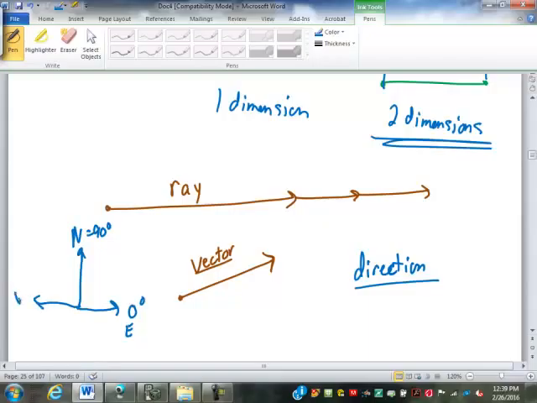Due west was 180 degrees. Due south was 270 degrees. And then 360 degrees brought you back to east again. So like this vector here might be, depending on its angle from due east, at 19 degrees. So the direction of that vector might be 19 degrees. Or the direction of that ray, if it goes on forever, would be 19 degrees.